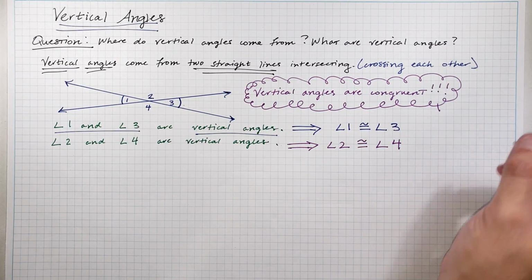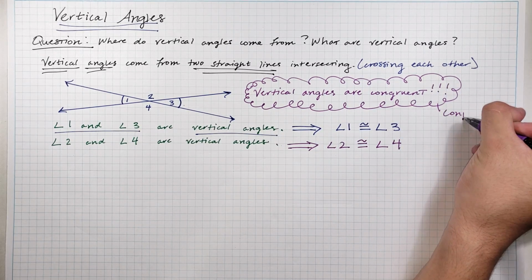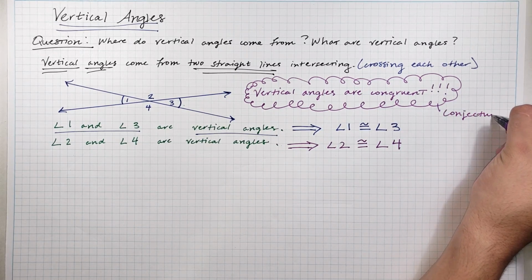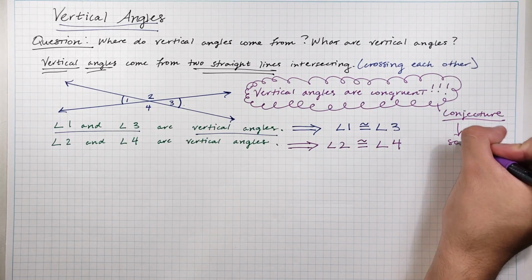vertical angles are congruent. This is actually called a conjecture in math, and it's something that's assumed to be true.